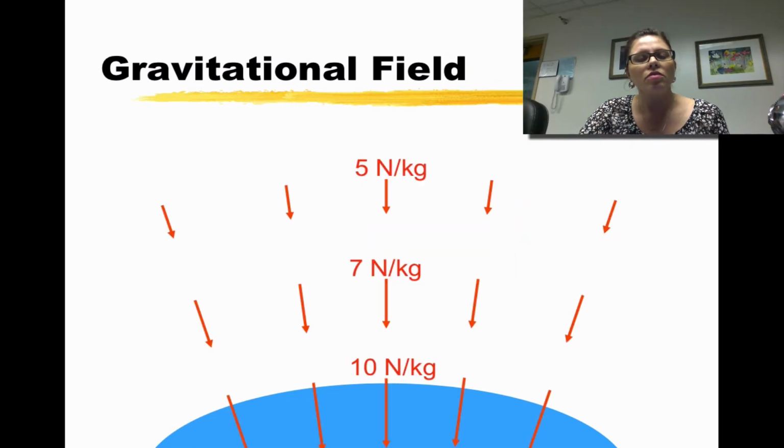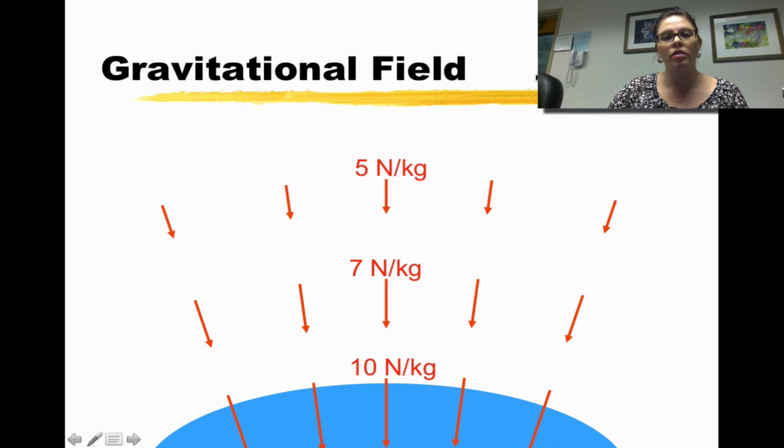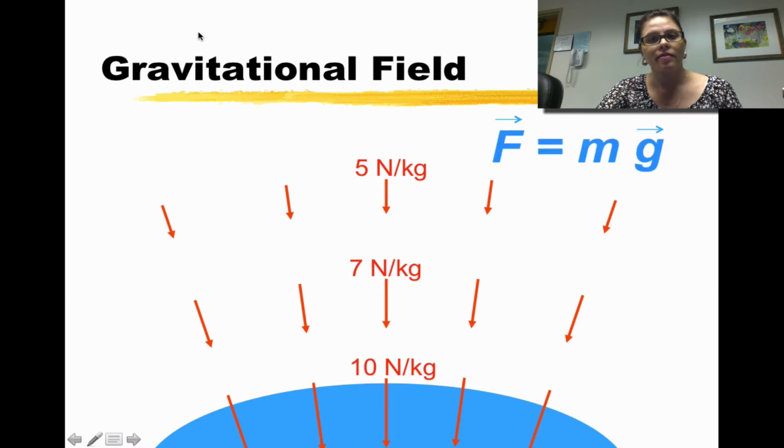Okay, so if we were to look at a picture of the Earth and look at the gravitational field strength of the Earth, you're going to have it very, very strong close to the Earth, and as we get away from the Earth, it's going to get weaker and weaker and weaker. Remember, force equals mg in this case, or W equals mg, but we're looking at the weight.